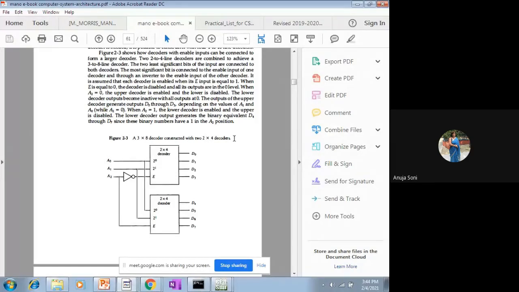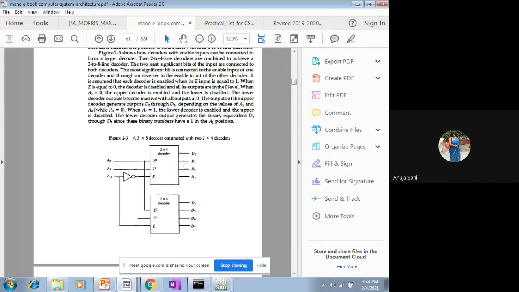They don't have the 3:8 size decoder directly, but they want to achieve the functionality of a 3:8 size decoder. So how may the functionality of a 3:8 size decoder be accomplished by connecting 2:4 size decoders? We have to show that the same functionality may be achieved.